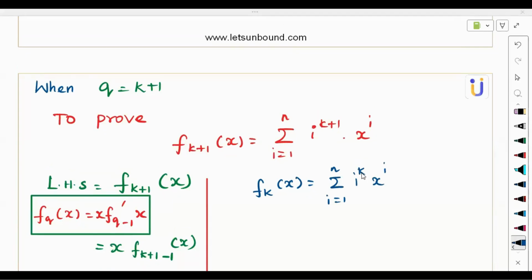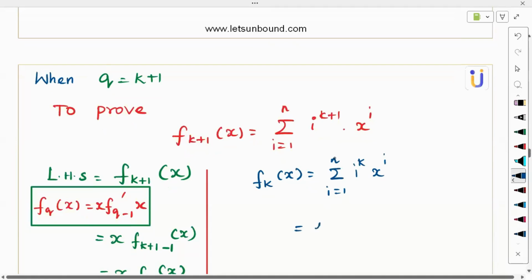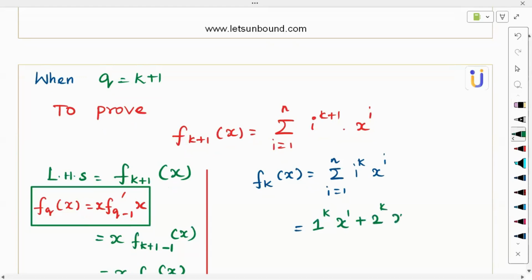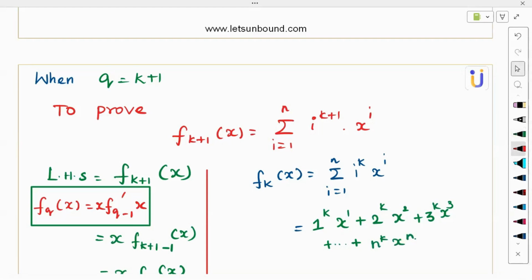Let's expand this: 1 power k, x power 1, then 2 power k, x power 2, then 3 power k, x power 3, and so on, when I'm dealing with n, it's n power k, x power n. This is my fk of x.